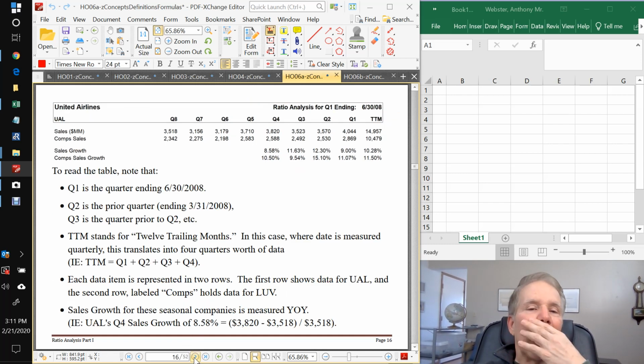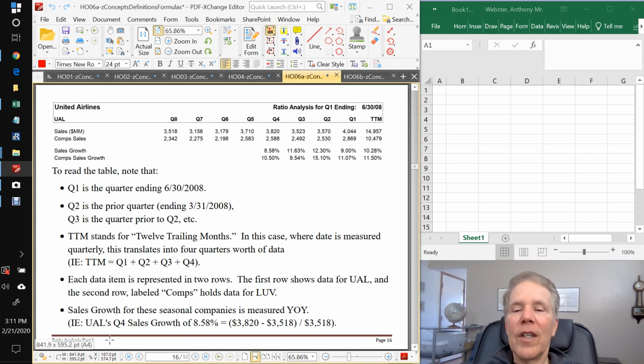Okay, and then on this page, I'm not going to go over it again here because I've gone over it so much, but this page describes to you exactly how to read these tables. Really important, every single number that we computed in class you should be able to recreate.